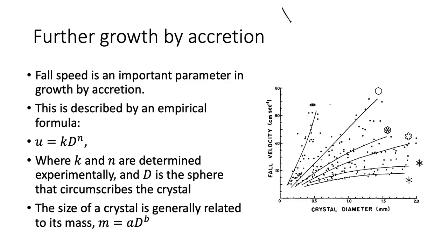Where in this case you'd have an ice crystal that's falling and a liquid water droplet that's falling. Before, we had two liquid water droplets falling down. For these, it was kind of easier to estimate the fall speed because we assumed they're perfect spheres, and so it's kind of easier.